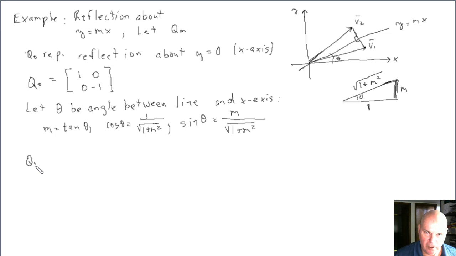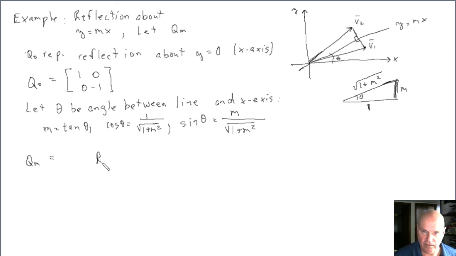Then I'm going to take a different approach to getting this QM transformation. So what I'm going to do is first rotate V1 by a negative theta. Now that would correspondingly rotate this line into the x-axis.